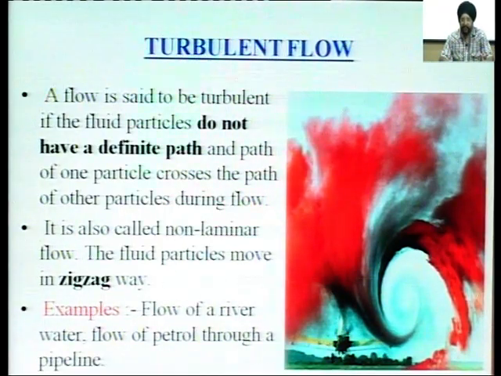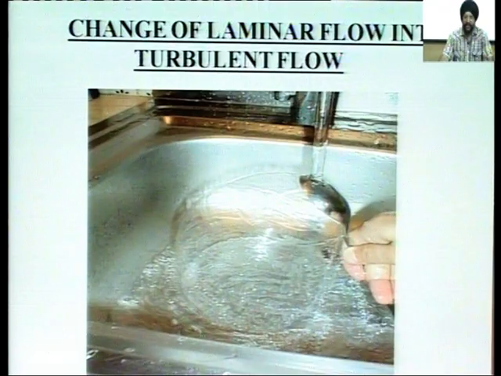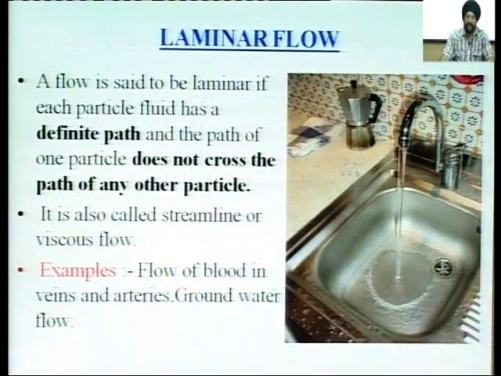Now look at this picture. In this particular clip, you may observe the change of laminar flow into turbulent flow. This is the same tap and the same sink which you observed in the laminar flow.